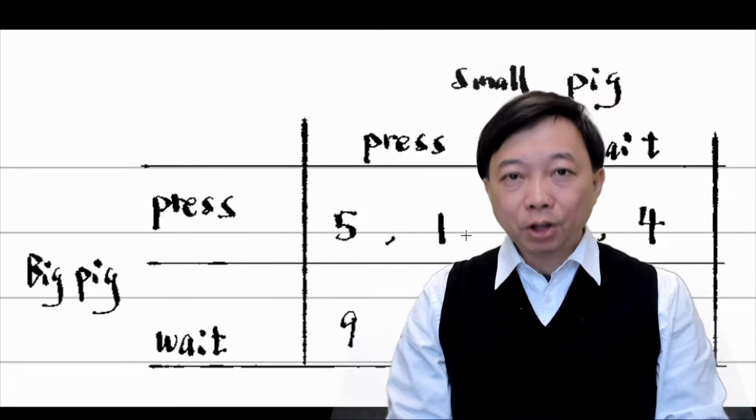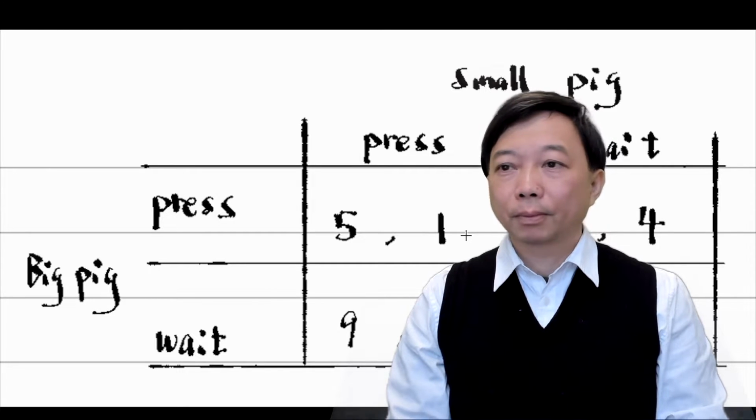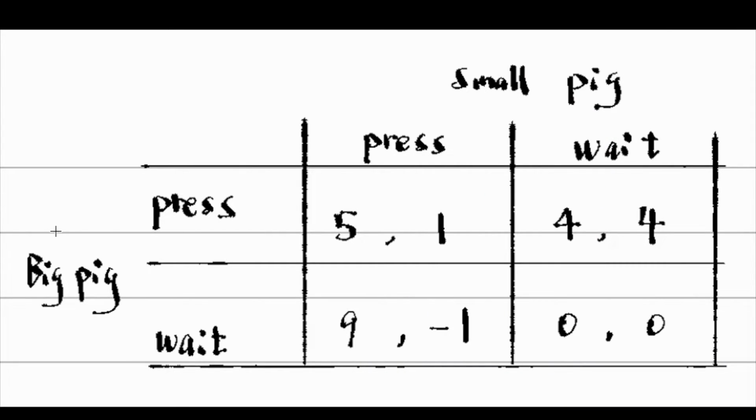Let's first determine what the small pig will choose. Suppose the big pig presses the panel. The small pig will wait because it gives her 4 instead of 1 if she chooses to press. Suppose the big pig waits.